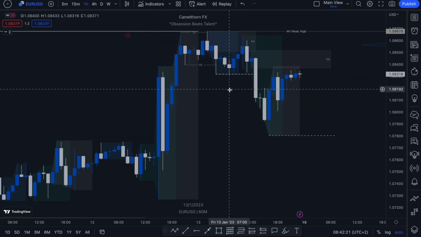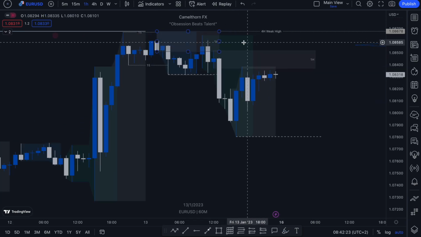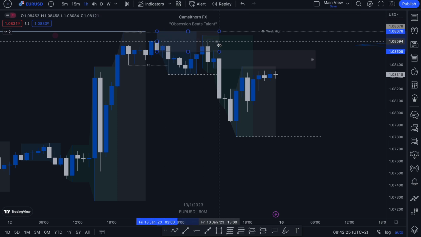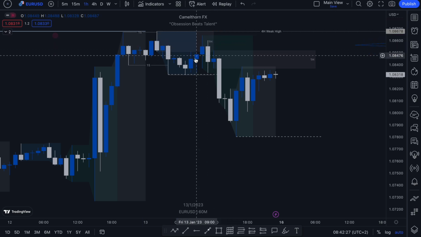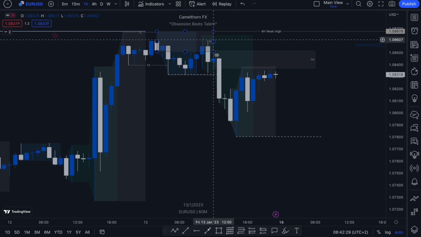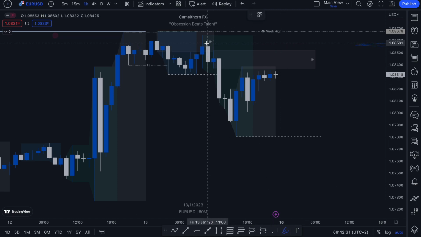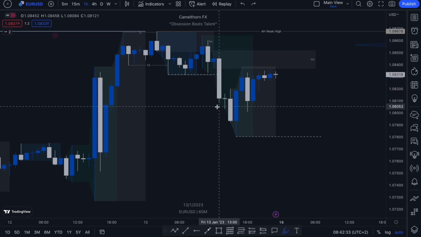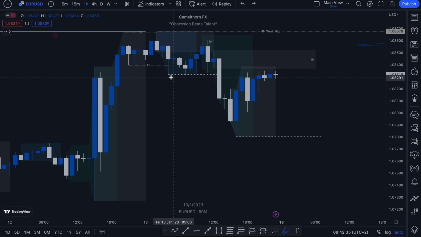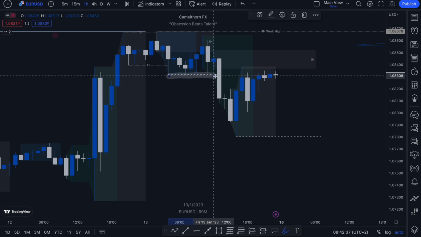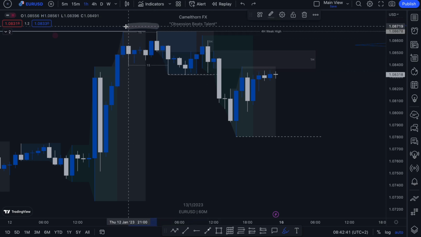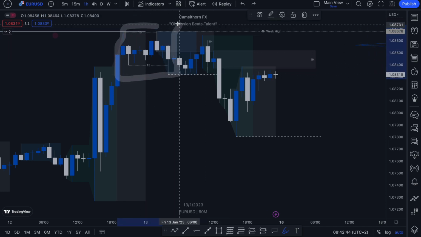So we had the change of character, we had price action pull back to mitigate this 1 hour zone, right? After the mitigation, we have essentially a secondary break of structure. Now, that secondary break of structure in here is the one which confirms for me this change of character in here.